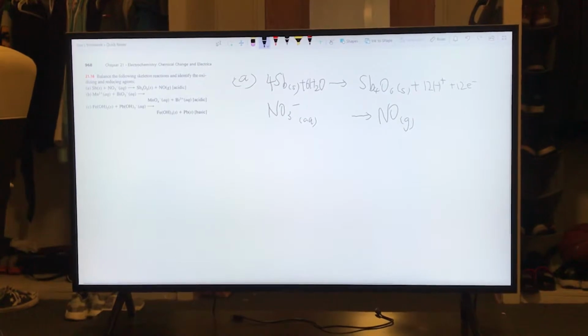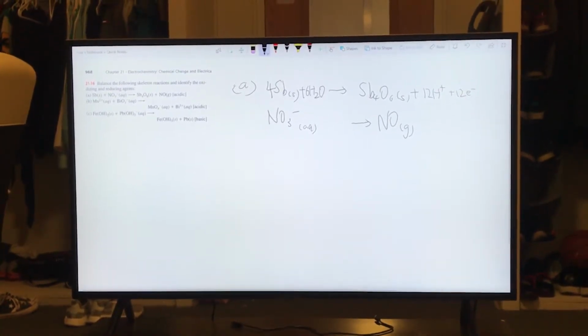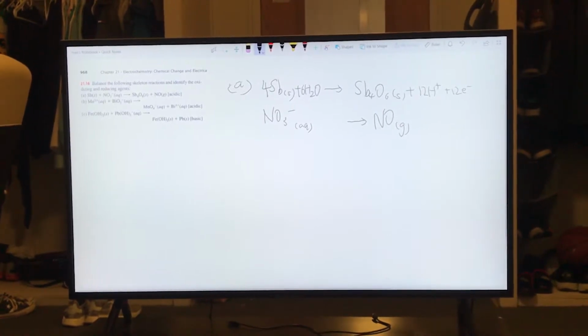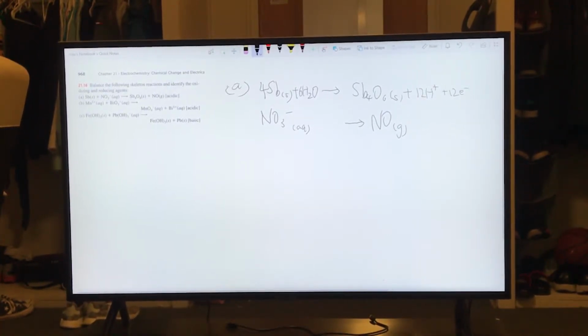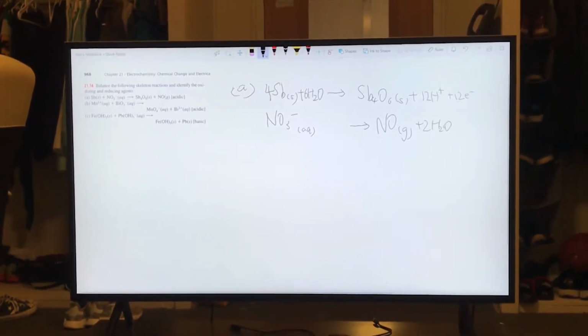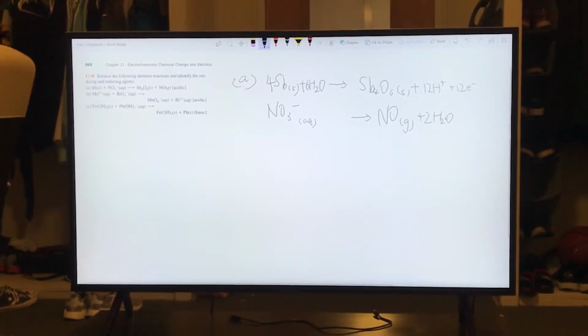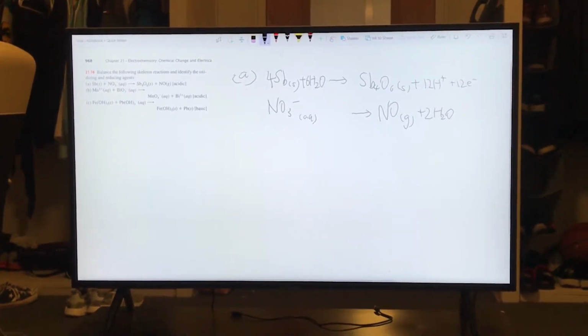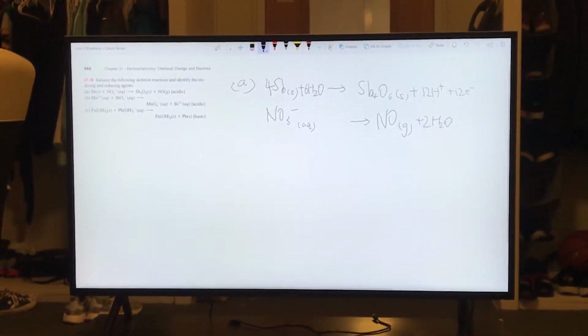We can see the number of N is balanced, so we only need to balance the number of O's. Similarly, we add H2O on the right side since the left side has more oxygens. So we add 2 H2O on the right side. So now we have 3 O's on the left side and 3 O's on the right side as well.